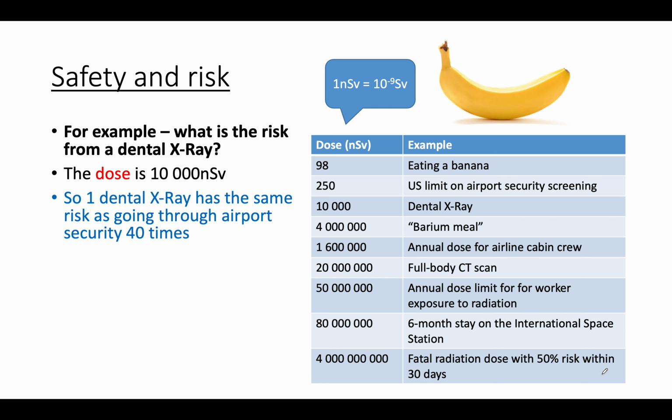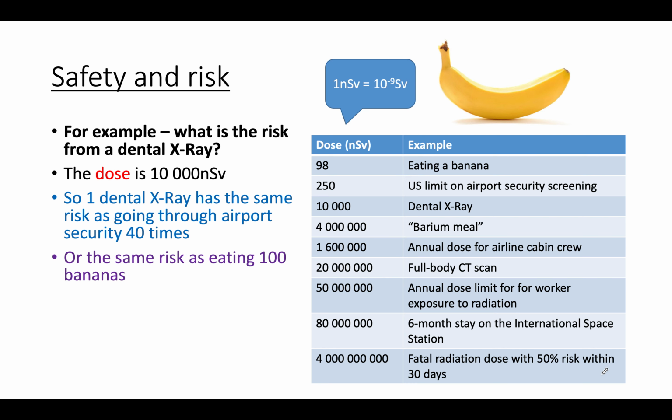So you can see, well, there is some risk, isn't there? It's certainly a higher risk than going through airport security, but we don't worry too much about that. And 40 times, well, I should think there are many people who go through airport security more than 40 times in a year. So there is a risk, but it's not a very big one. We could look at it another way. We could compare it to eating bananas.